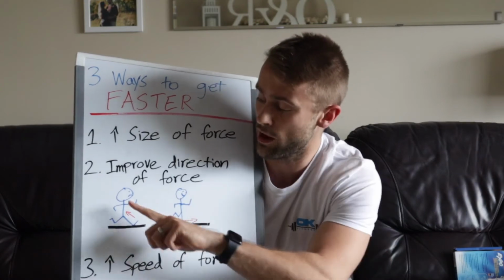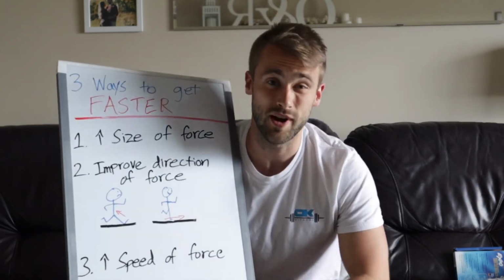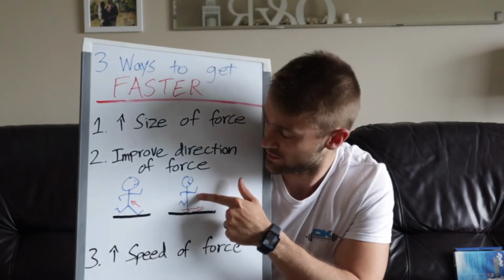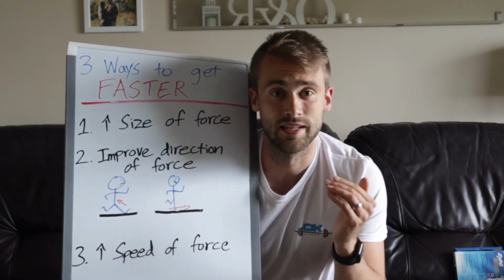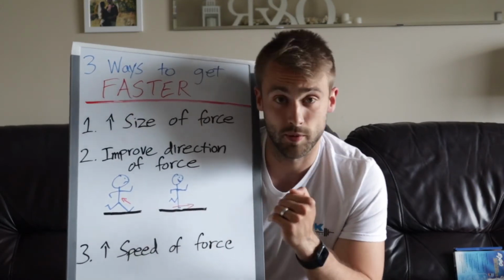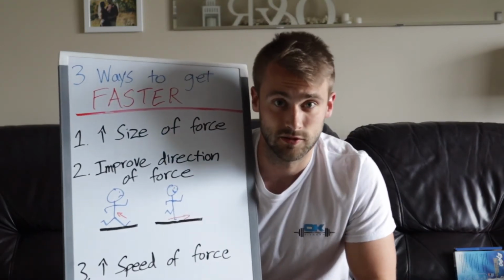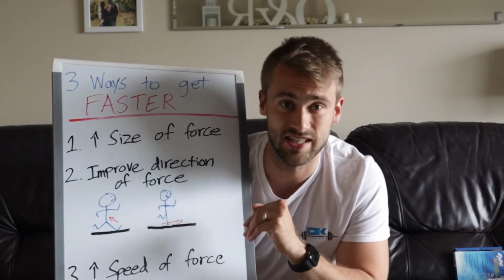So it's going backwards right now. If you're contacting the ground in front of you, you're putting on the brakes, you're going slower. But if you could be more vertical at max velocity, cycle your leg underneath you, contact the ground on your midfoot directly beneath your center of gravity, then you're propelling yourself forward because you're pushing the ground away from you backwards. So that is way number two, improve the direction of force.